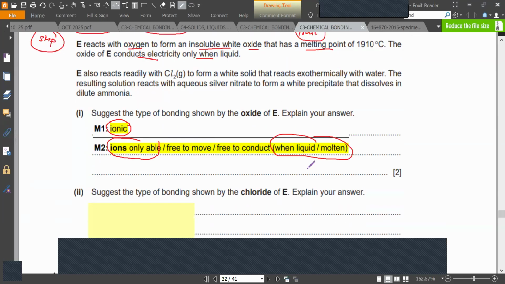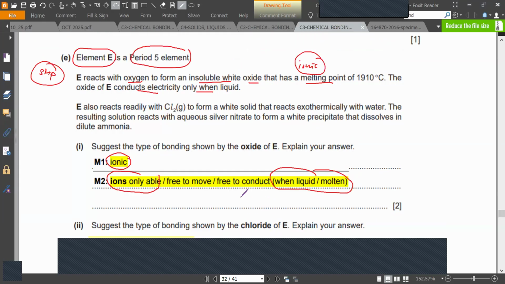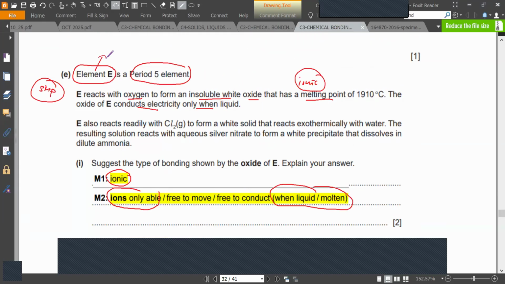Which tells us element E should be a metal. Secondly, it reacts with chlorine to form a white solid that reacts exothermically with water.